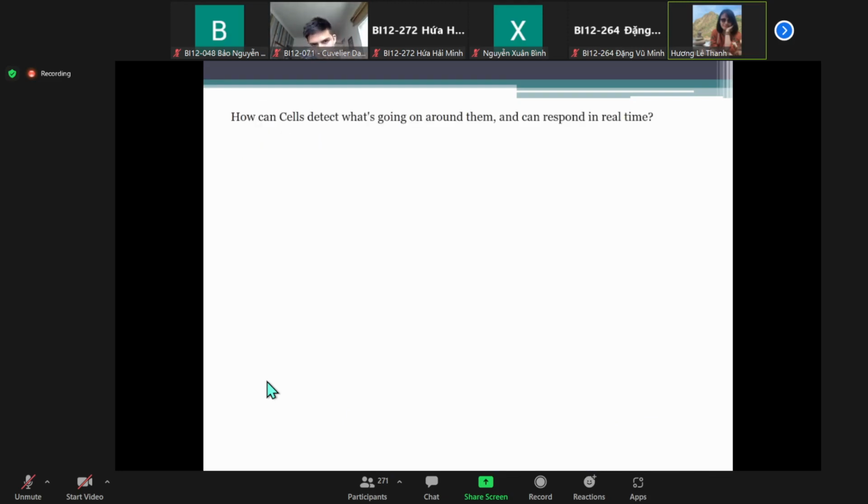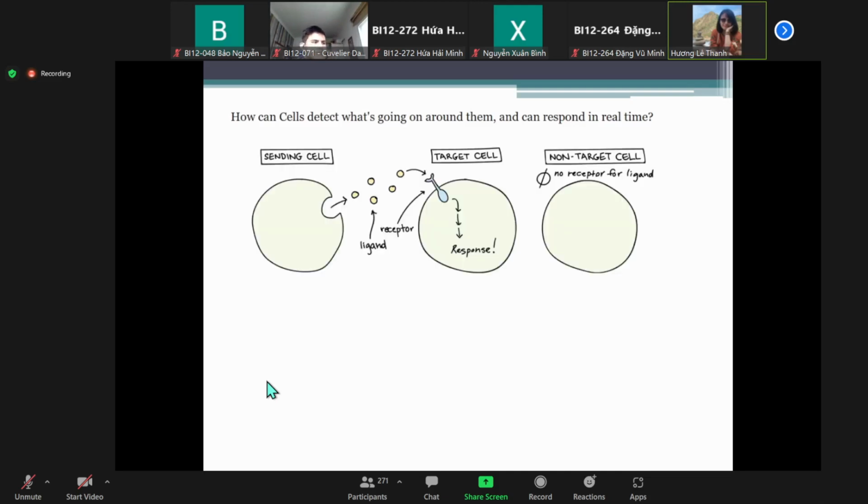Let's see how the cell can receive information from other cells, how cells detect what's going on around them and respond in real time. Here we have the sending cell, like your friend sending a message to you, and the target cell, which is you.